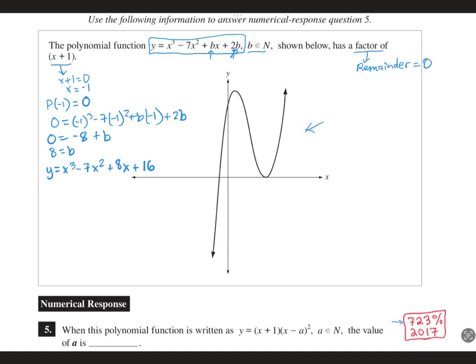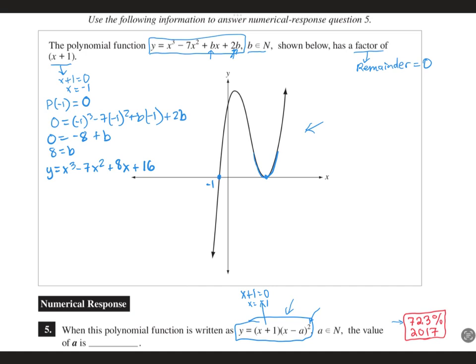You'll get this graph, and as long as you know, looking at this equation down here, which one of your x-intercepts, because each of these factors gives you an x-intercept if you set it equal to 0, like x plus 1 equals 0, x equals -1, that's this one here. Now, the other one, there's a bounce off that x-intercept, and that bounce comes from that exponent of 2 on that factor.